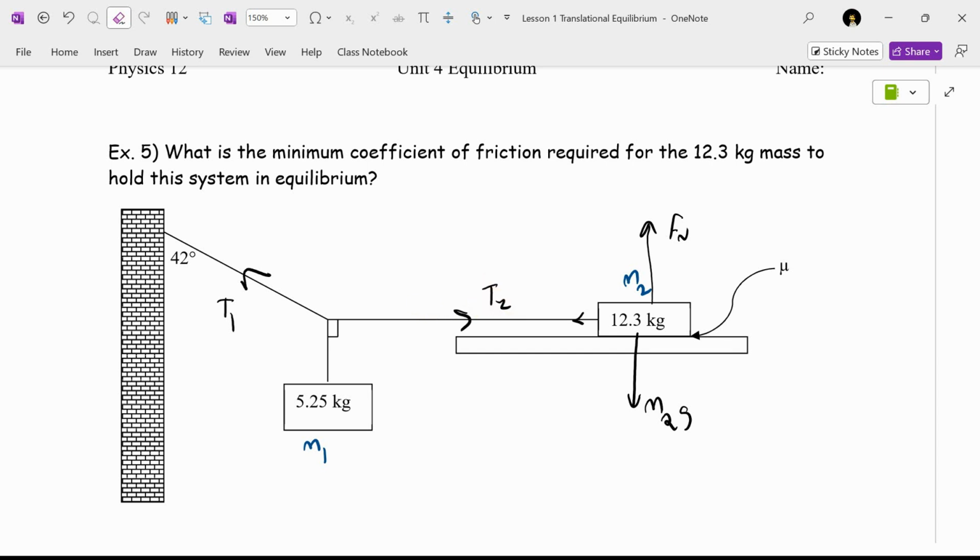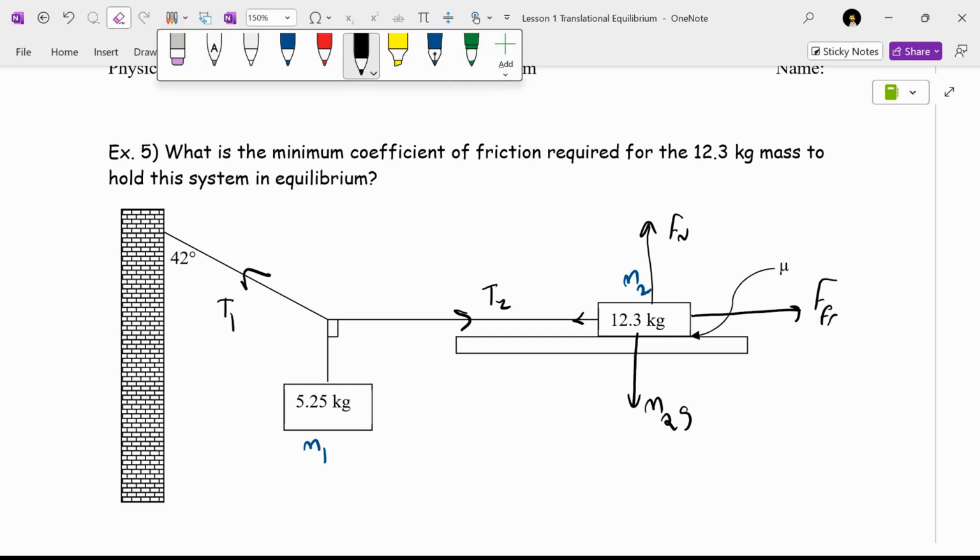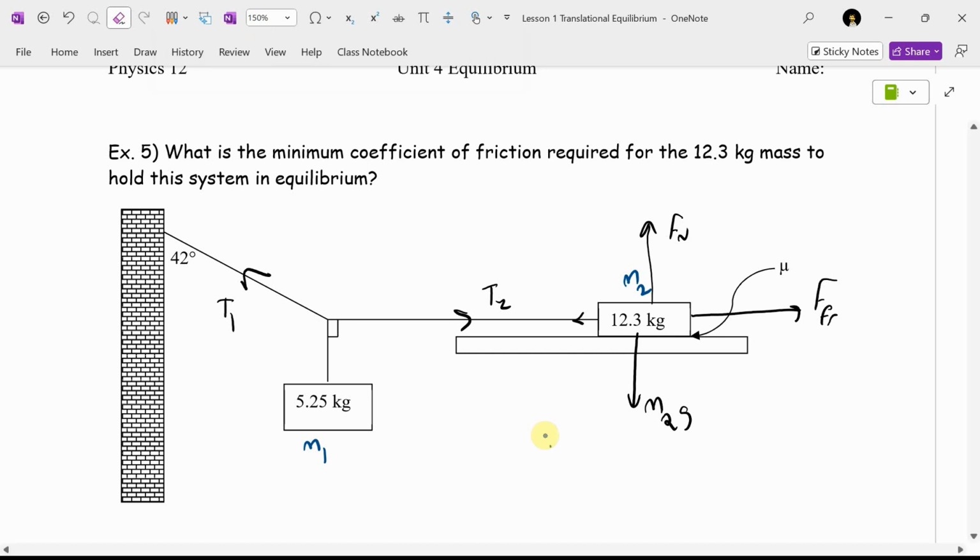Friction? Which way? In fact, if this isn't sliding, I think I can say friction is equal to tension 2. That's the only way that can be at rest.